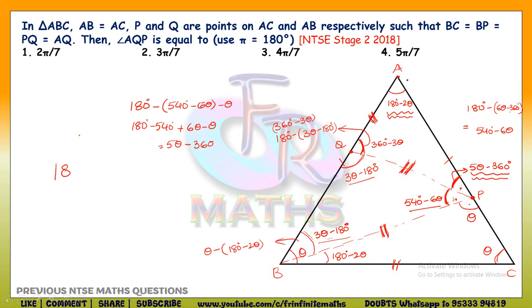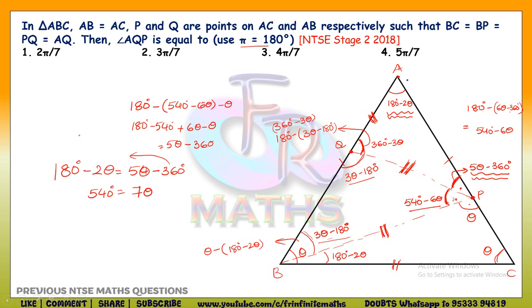So from this what can I write? 180 degrees minus 2 theta is equal to 5 theta minus 360 degrees. By rearranging, when I transpose this 2 theta, it becomes plus 2 theta, which gives me 7 theta. If I transpose this minus 360 degrees, this gives me 540 degrees.